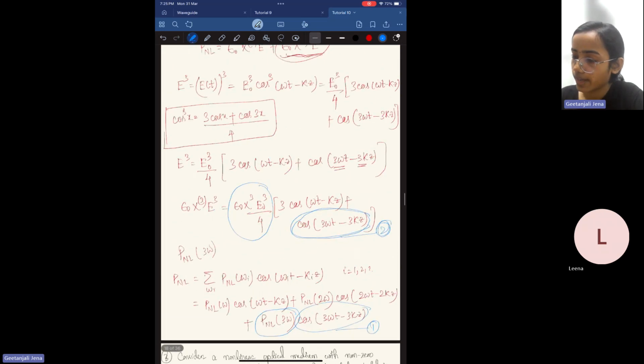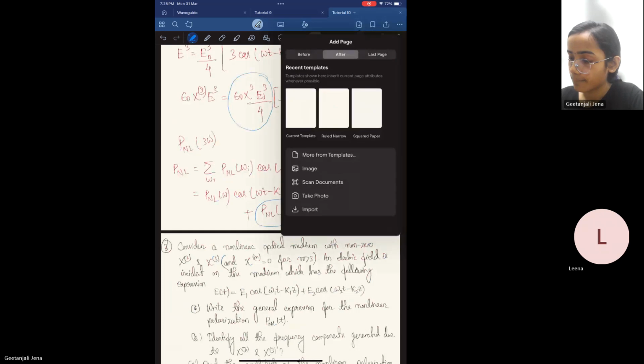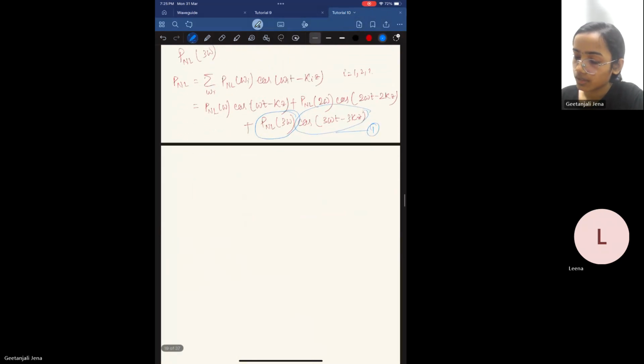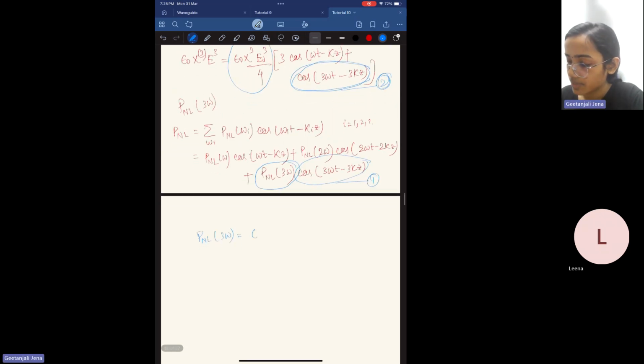So we have P_NL(3 omega) as epsilon naught chi3 E0 cubed by 4.